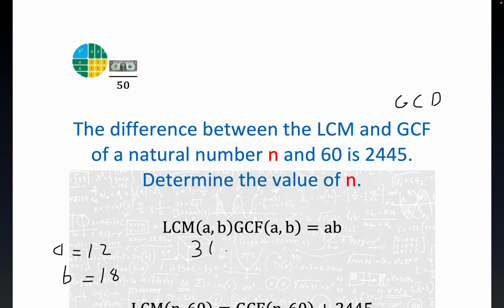Now the greatest factor or divisor that's common to both of these numbers is 6. So you have 36 times 6 is equal to 12 times 18. Notice the product 6 times 36 is certainly 216, but that's also 12 times 18.